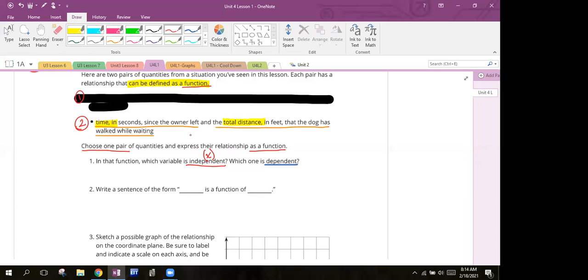Well, I will tell you this: anytime you're given your variables and time is one of the two, 9 times out of 10, that variable will always be your X. Okay, so anytime time is one of the variables that you're working with, it will almost always be your independent or your X. Okay, so on number 1, we're going to write independent.